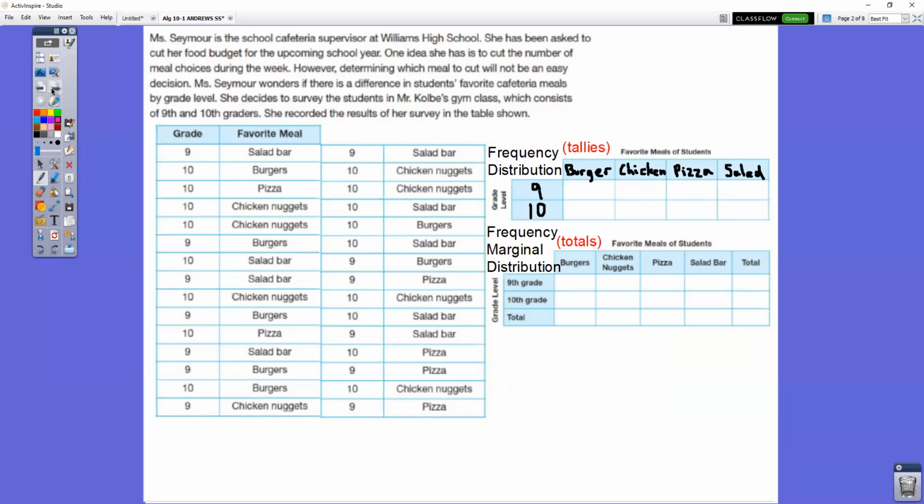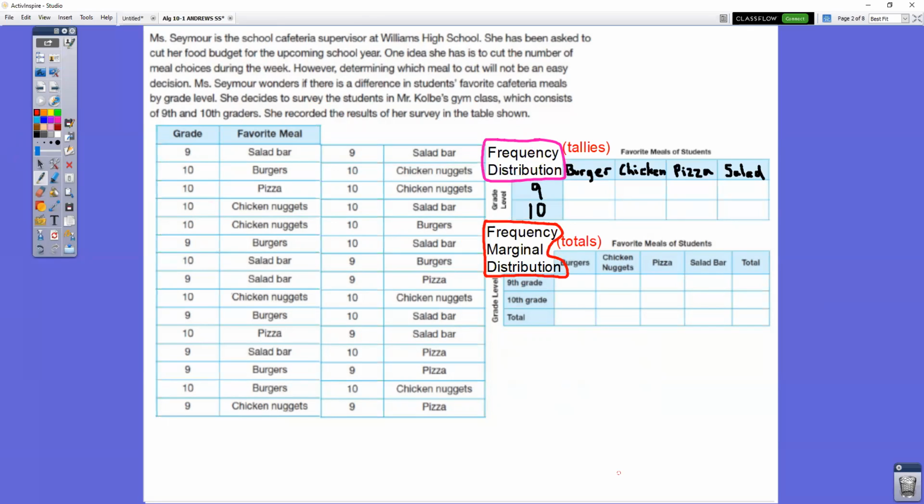You're going to have to fill out tallies, and you're going to have to add up your tallies. The tallies are called a frequency distribution, where your actual numbers, when you add up your tallies, is called the frequency marginal distribution. Those are your totals. So you have your tallies and you have your totals.